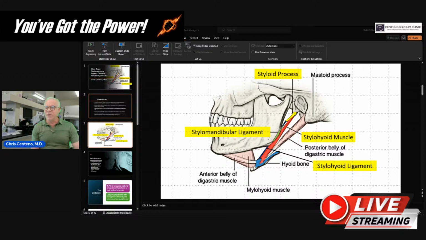So in summary, elongated styloids rarely cause symptoms. A styloidectomy can cause more CCI by destabilizing the anterior neck control system. And if you think you may need a styloidectomy, I'd really recommend that you try stabilizing your CCI first, and then you can always get the styloidectomy, meaning that you can always get that styloid and its associated ligaments and muscles removed.